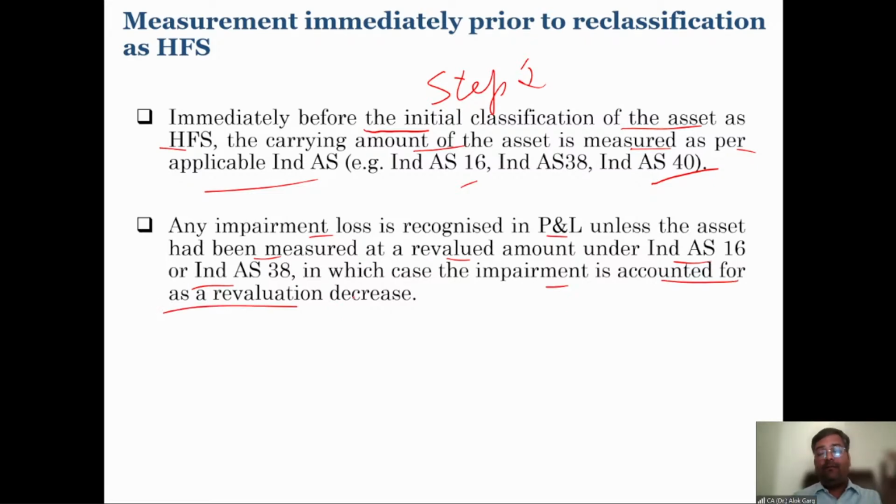For example, if you have opted for a revaluation model prior to classification as HFS, and at the time of computing the carrying value on the date of classification as HFS, which is step number 1, there is any impairment loss and you have revaluation surplus also, that impairment loss has to be adjusted with the revaluation surplus, right? Clear?